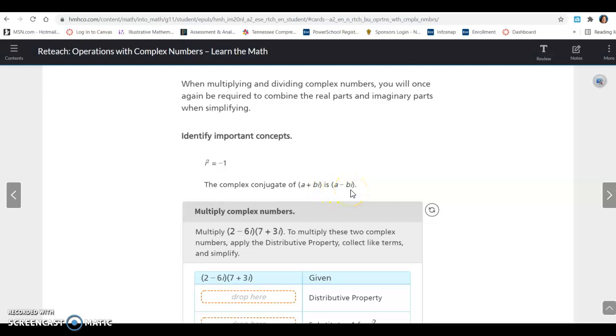So this is important. Anytime you have a complex conjugate, the i's will cancel because i times i squared equals negative 1. So it's going to leave you a real solution. So complex conjugates are important. Make sure you put this in your notes. Basically, it's two binomials that are exactly the same except the sign in the middle.